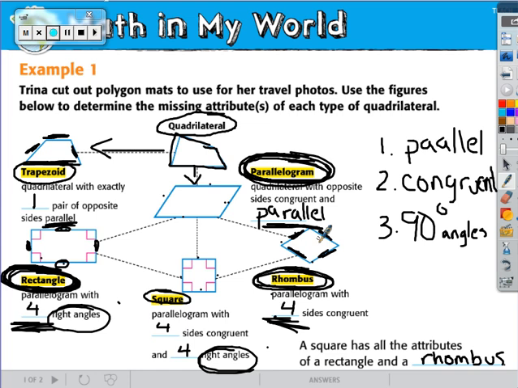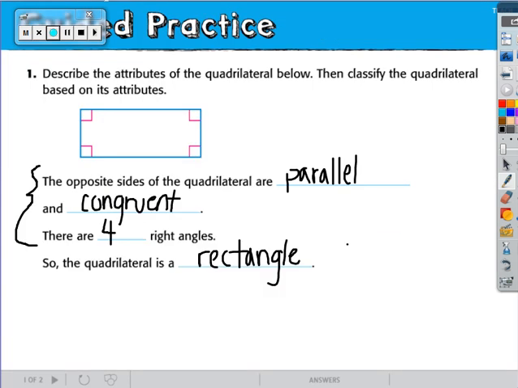Now, we need to check one more thing to make sure we can stop there. What is it? No, we already know that opposite sides are parallel. There's one more thing that we have to check to make sure that we can stop at rhombus. Right angles. Good job, X. So let's look at our shape.